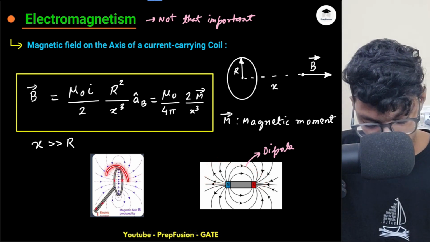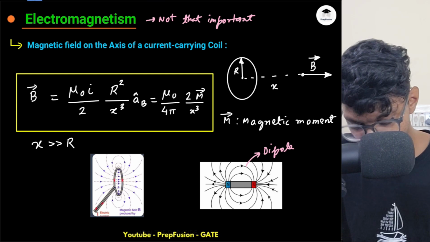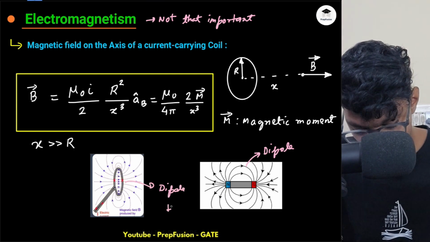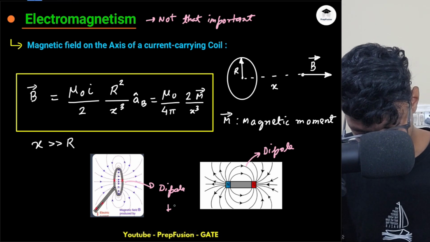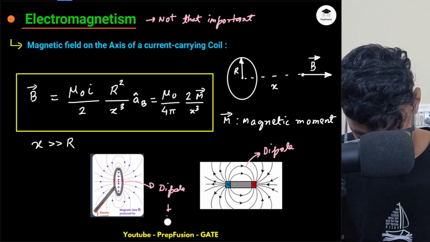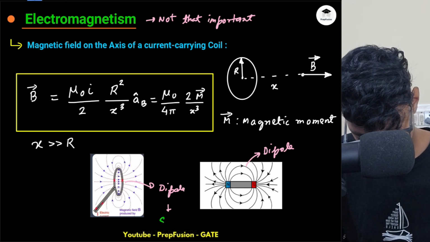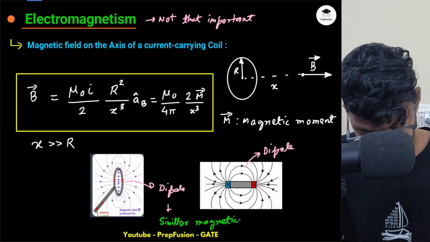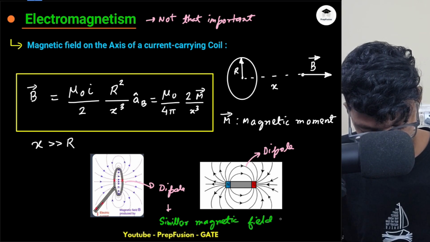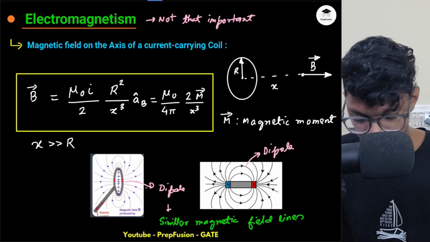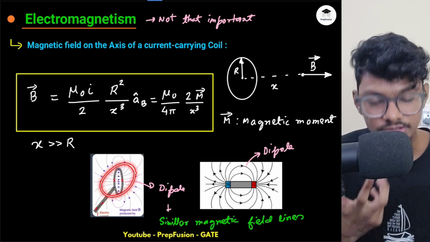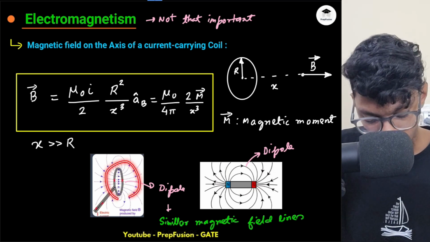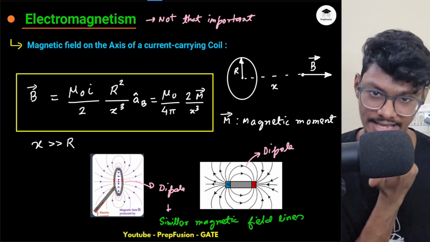Since we have similar magnetic field lines, we call this also a dipole, and this also a dipole.